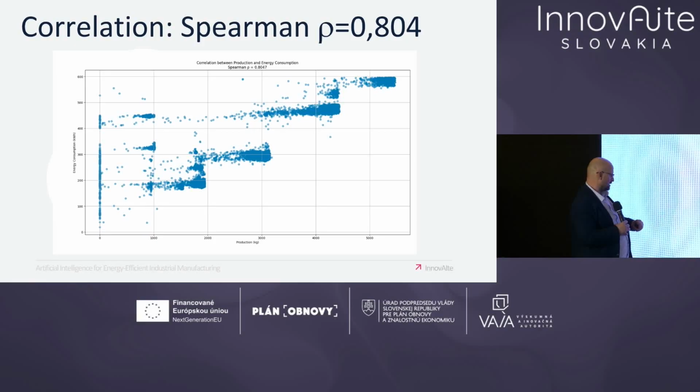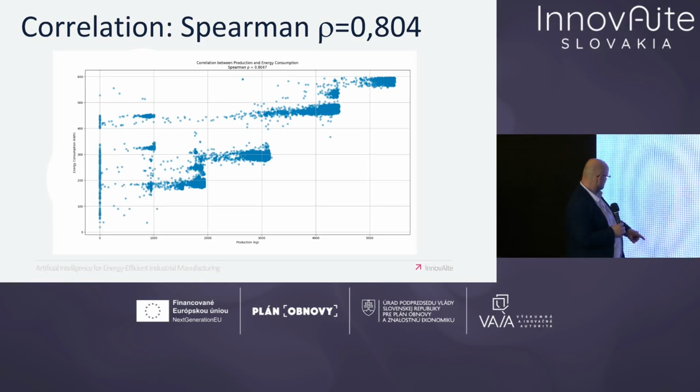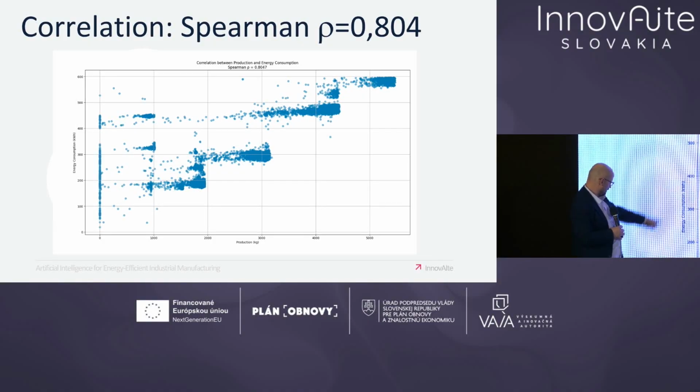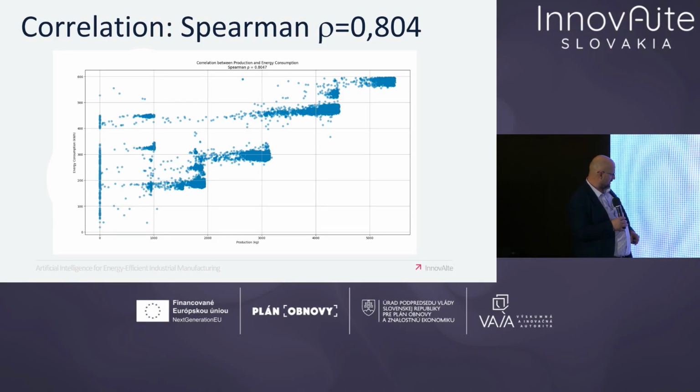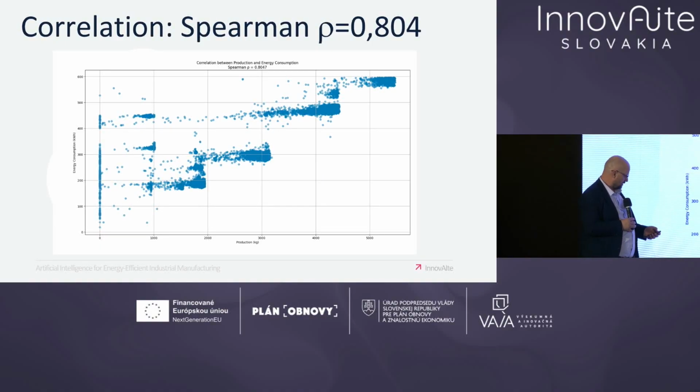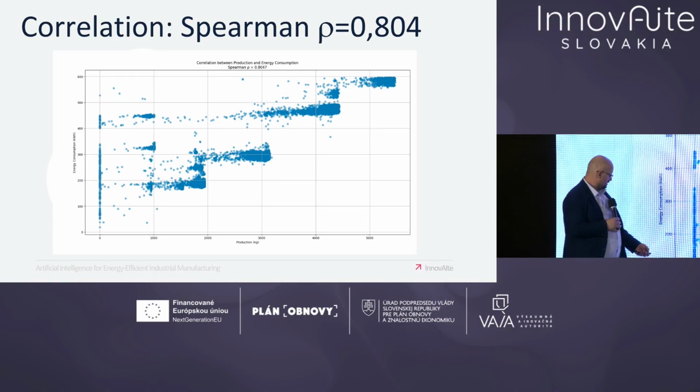So on the x-axis, you have production rates in kilograms. I said square meters or kilograms, so I didn't say it correctly, it's in kilograms, and then energy consumption in kilowatt hours. When you take a look at the chart, you can read a lot from it.